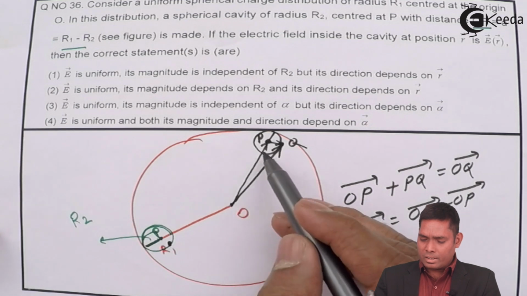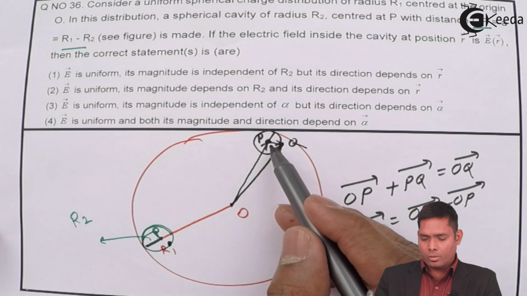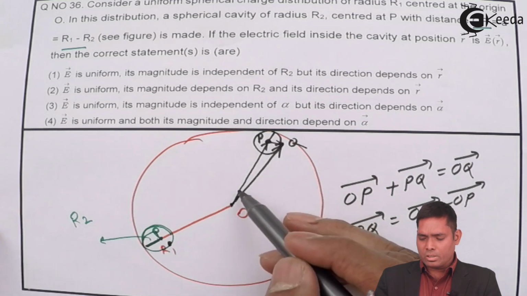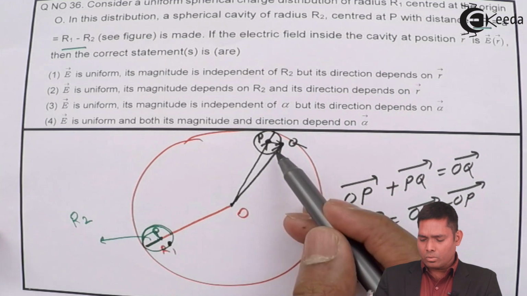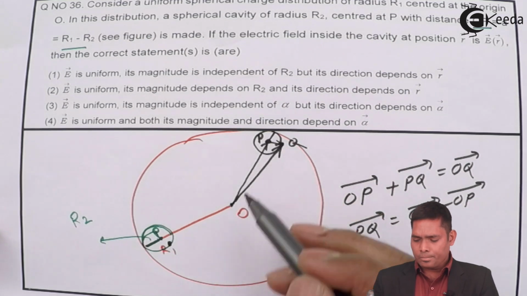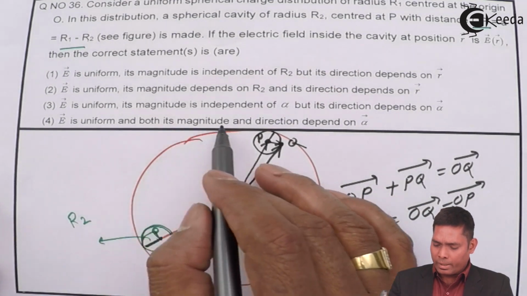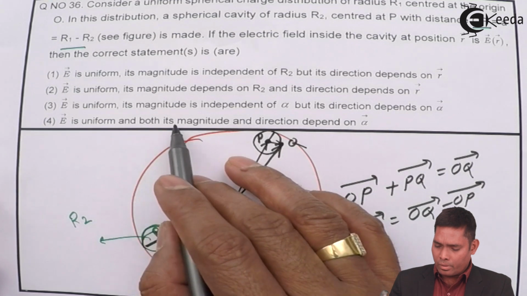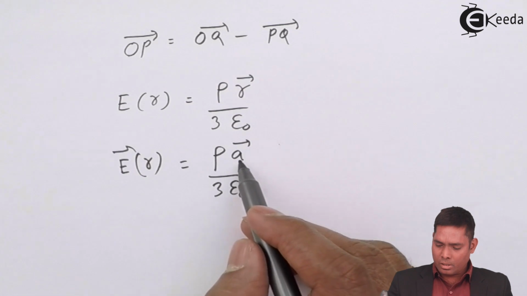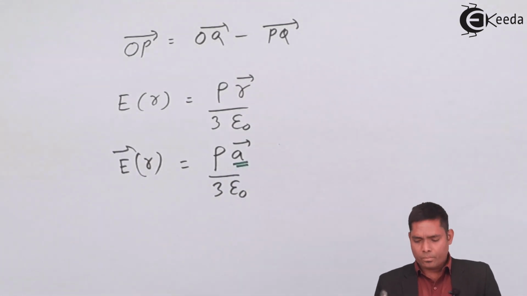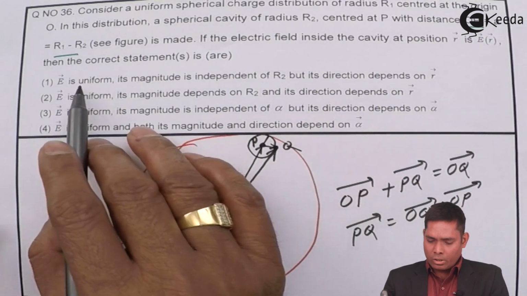The result only depends on this distance a, because this plus this is this one, so this is this minus this. It is uniform in magnitude and direction, and depends on a. So therefore this option is correct.